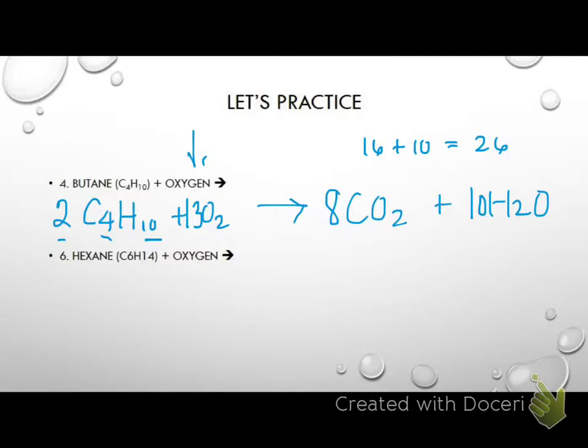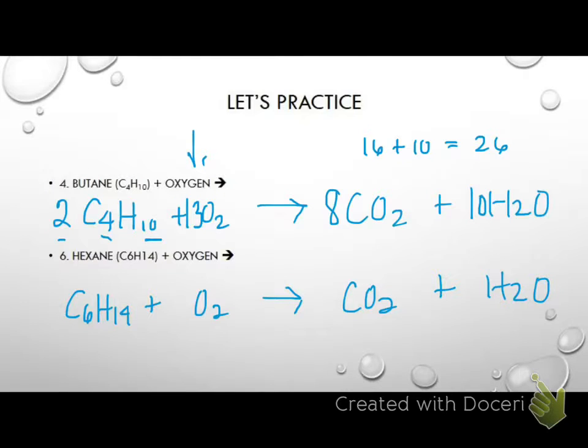Hexane, C6H14 plus oxygen. Again, we've got to write it as O2 because it is diatomic, always making CO2 and water. Okay. And let's balance it. Again, I look right here. I see that that's 14, so I would have to put a 7 over here, and that's not going to work because it's odd. So I'm going to automatically bump this up. And then I would see that I need 14 here.